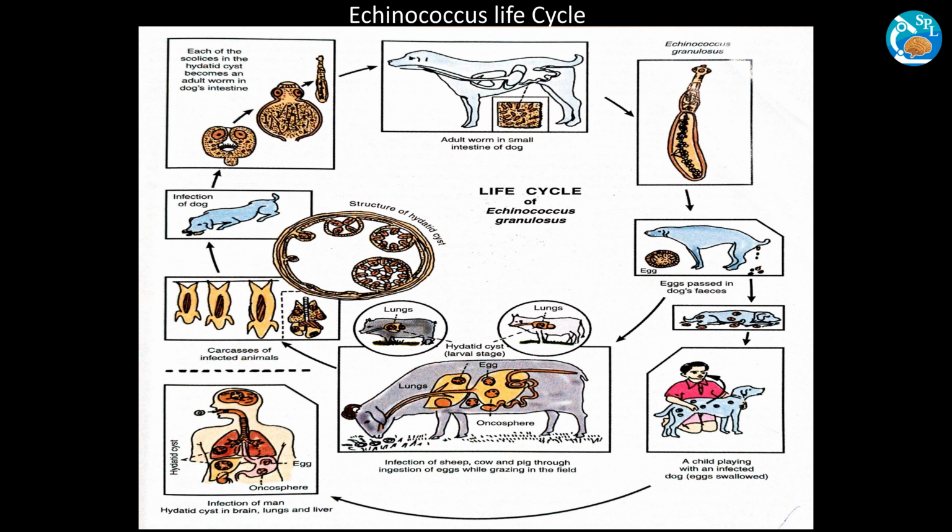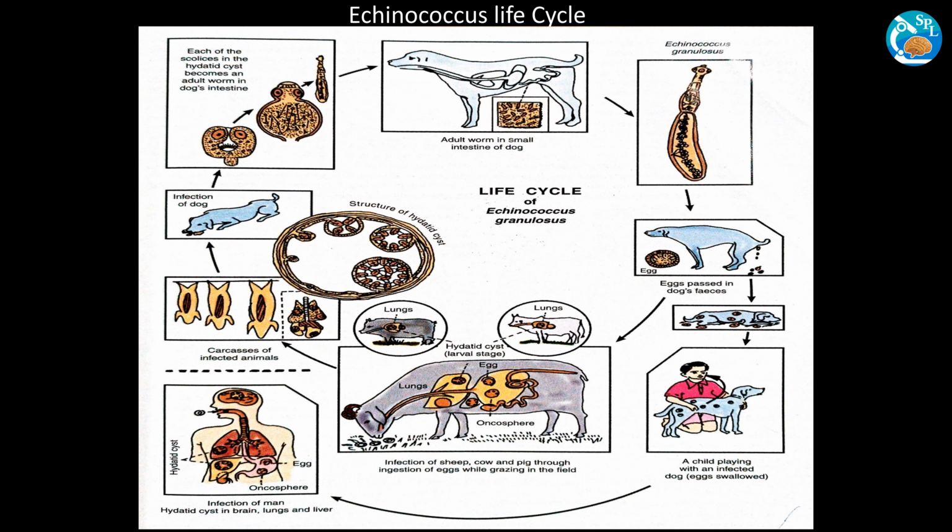Life cycle of Echinococcus. Dog is the definitive host. Segments of the adult tapeworm are shed into the dog feces. Dog may get soiled by its own feces, and the pet handlers may get infected by the feco-oral route. Eggs in the dog feces may be ingested by herbivores such as sheep, cow, or pig while grazing.